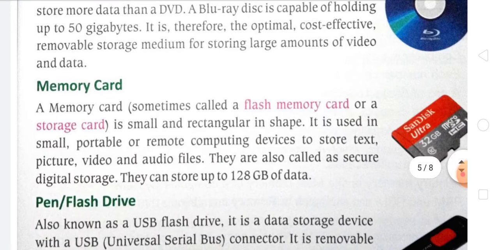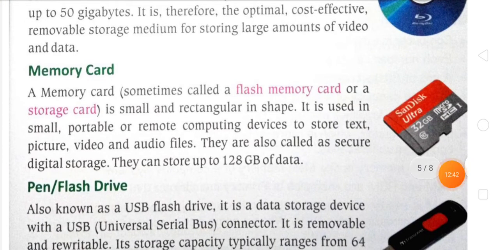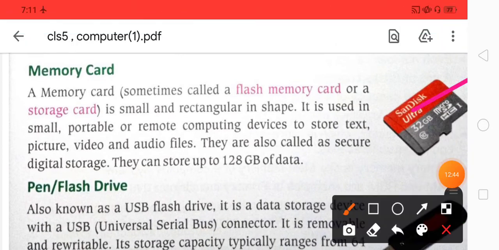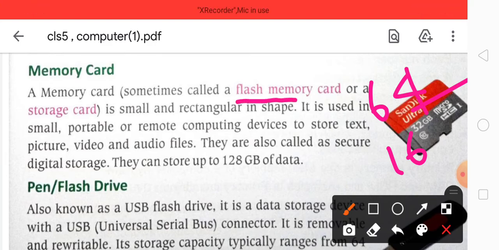Then after that, the memory card. You can see this one is a 32 GB memory card. You also know 4 GB to 16 GB and other devices like 64 GB, etc. The memory card is a flash memory card, also known as a storage card, and it is small and rectangular in shape.